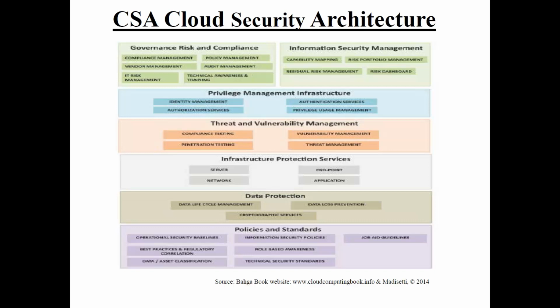Finally, the last subdomain is policies and standards. Security policies and standards are derived from risk-based business requirements and exist at a number of different levels, including information security policy, physical security policy, infrastructure security policy, etc.